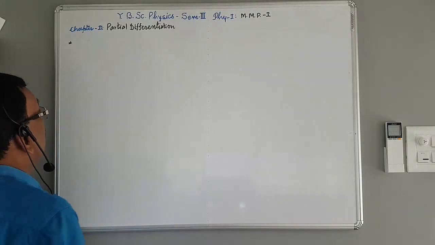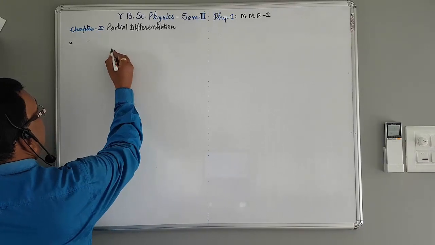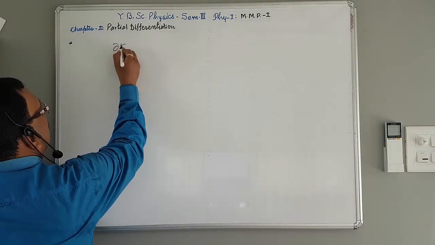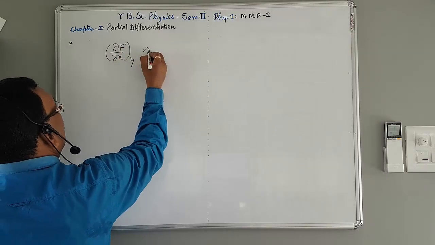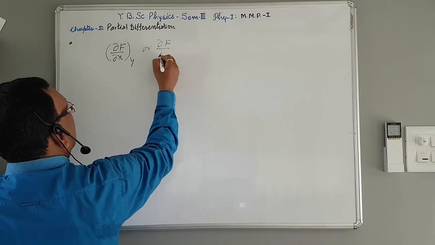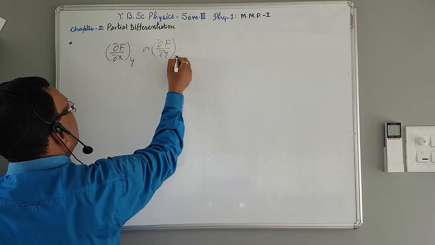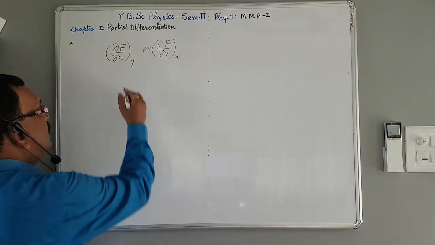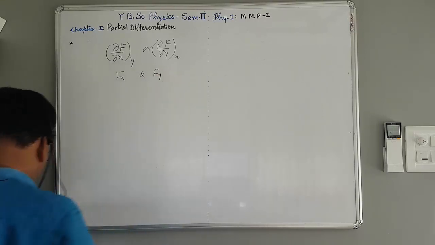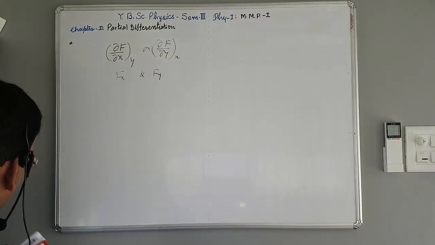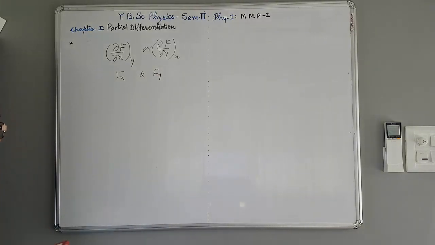In the previous case, ∂f/∂x keeping y constant, or ∂f/∂y keeping x constant, is the first order derivative, denoted by fx and fy. Now we have to find the second order or higher order derivatives.